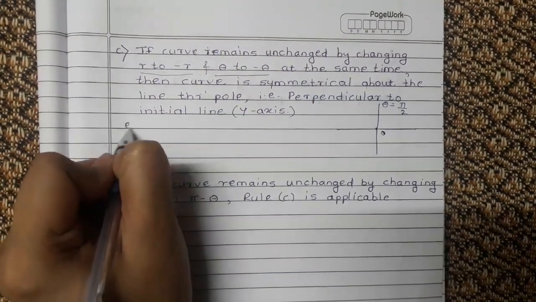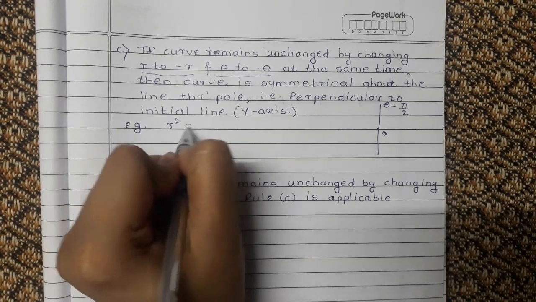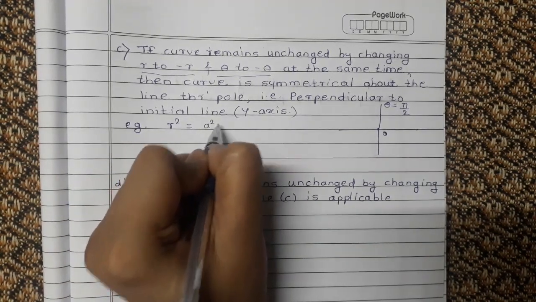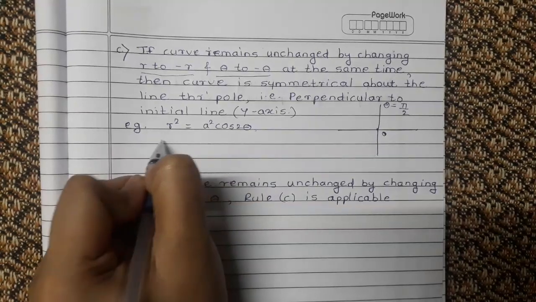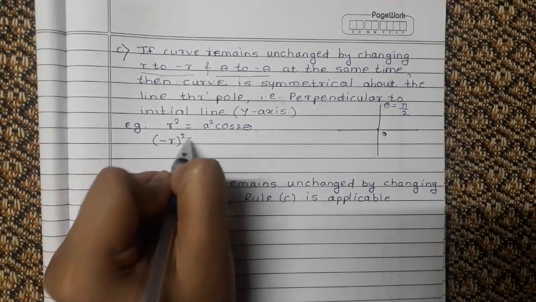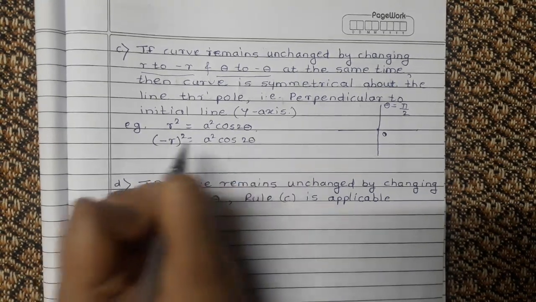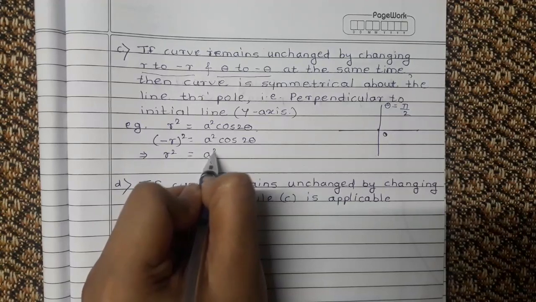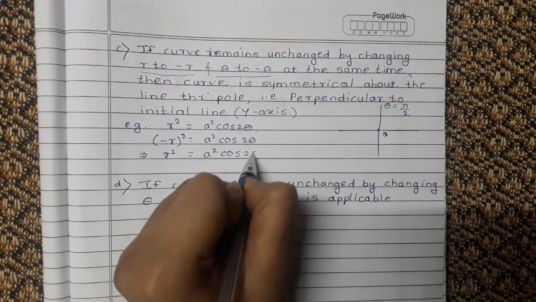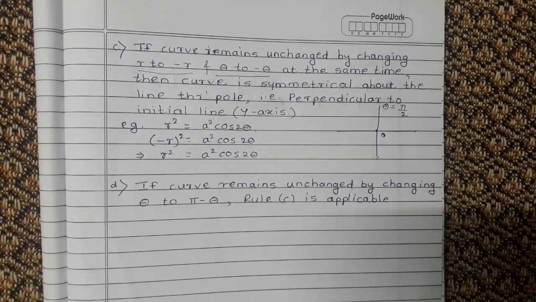So for example, the previous example will work here, that is r square is equal to a square into cos 2 theta, right? When you replace r by minus r and theta by minus theta, anyway you are going to get cos theta only, so the same equation you are getting back, right? So this curve is symmetric about this axis, correct?